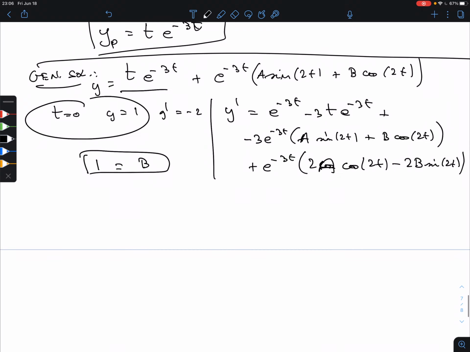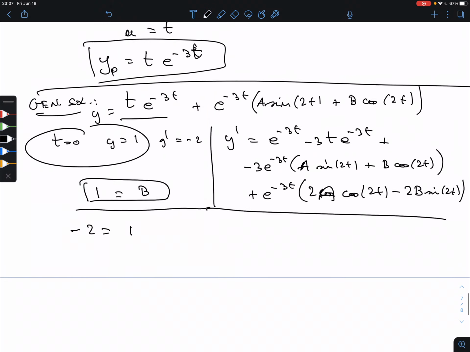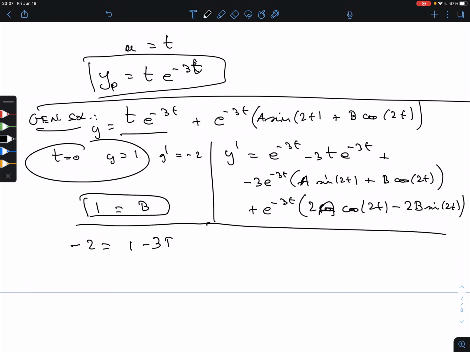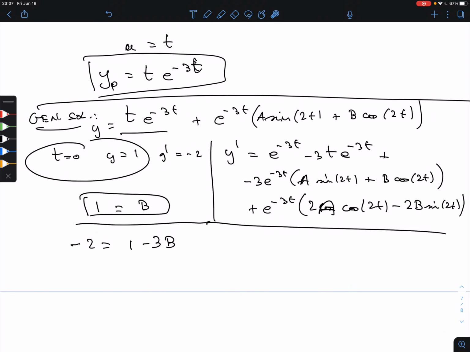So let's plug in. If I plug in here, what do I get? Minus 2 is equal to, let's see, this term survives, so that it's just 1. The next one is 0, then the sine is 0 in the second line here. This will be 0, but this is not. So what is the contribution here? Minus 3 times b. And what is the contribution here?